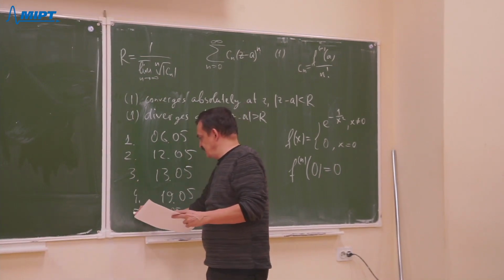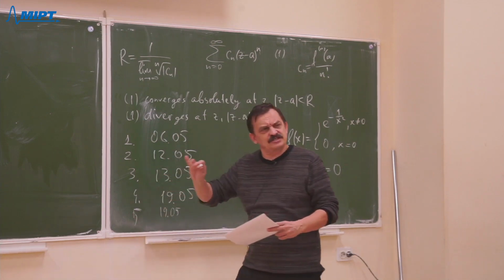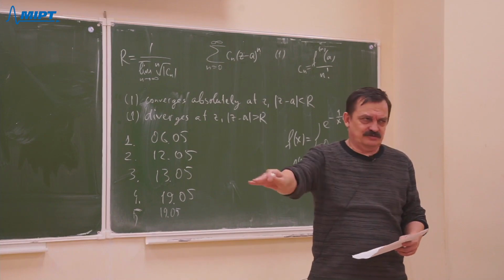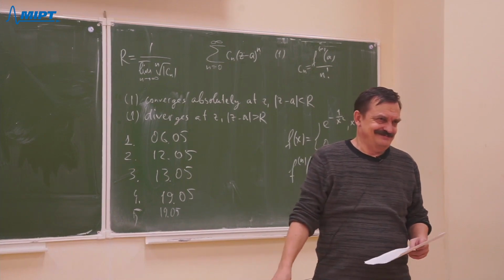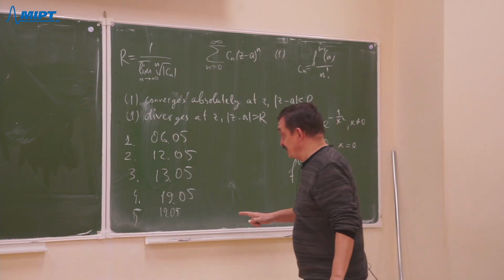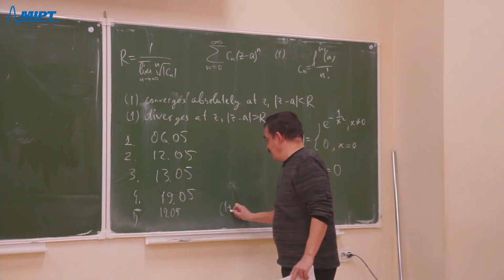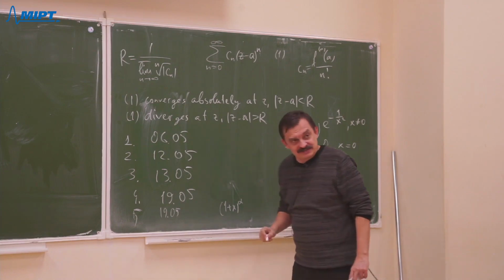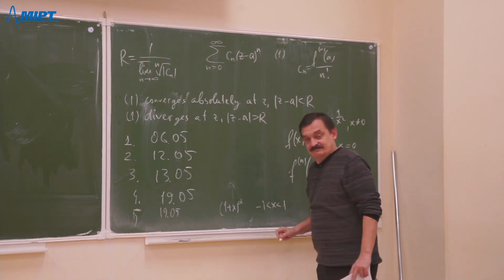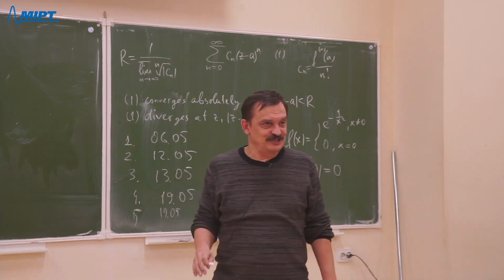The next lecture was devoted to special questions for binomial function, the binomial expansion of 1 plus x to the power alpha. For x between minus 1 and 1, that is relatively easy.